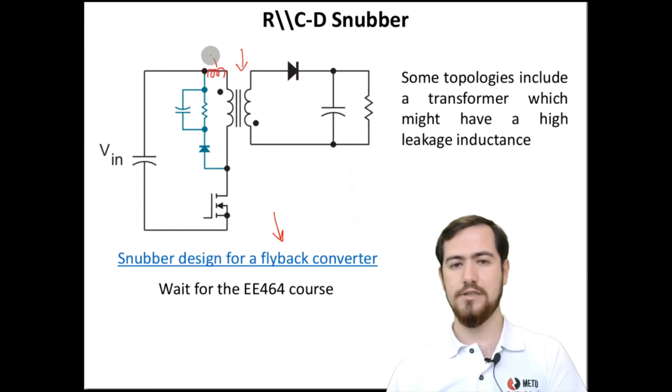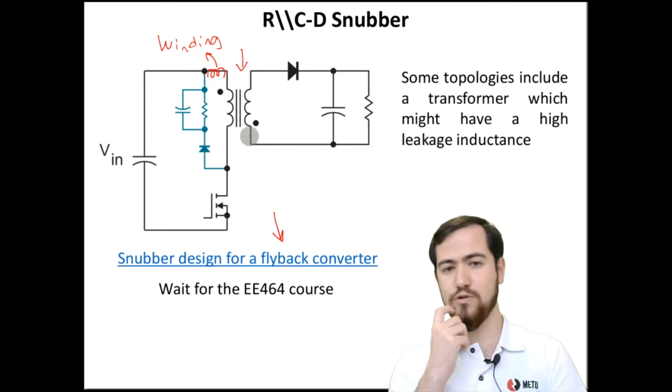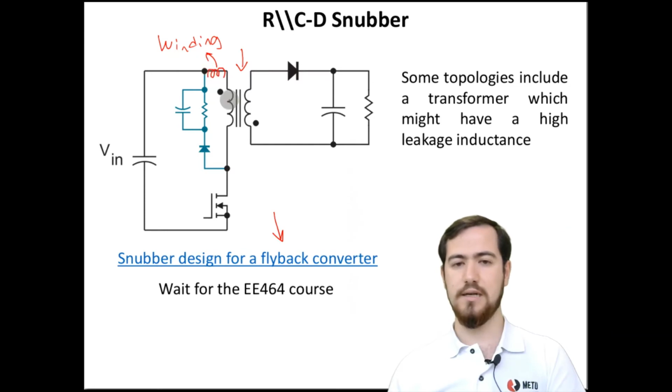So the leakage inductance can be minimized by optimizing the winding topology of this transformer. However, most of the time it is not that easy to minimize these leakage inductances of the transformer. So most of the time you need to use an external snubber circuit for a topology with a transformer.